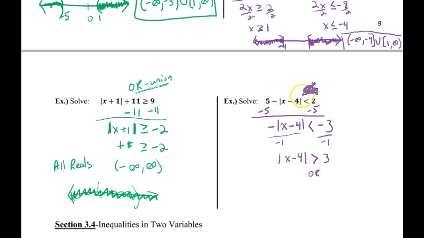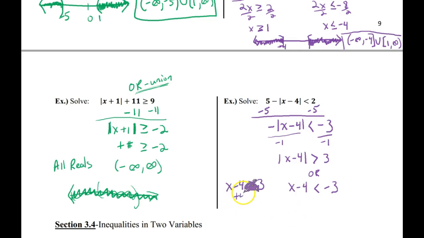It's going further away from my starting point. So I break it up into two statements. X minus 4 is greater than 3, or x minus 4 is less than negative 3. So all the distance is going up from positive 3, all the distance is going down from negative 3.